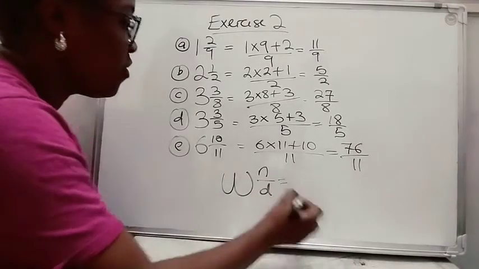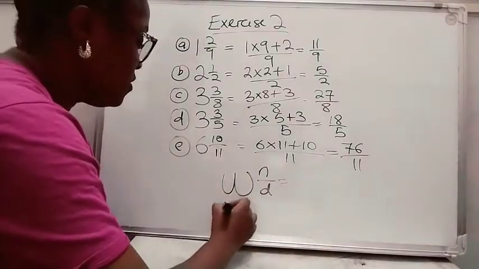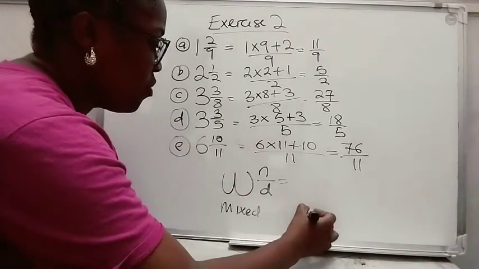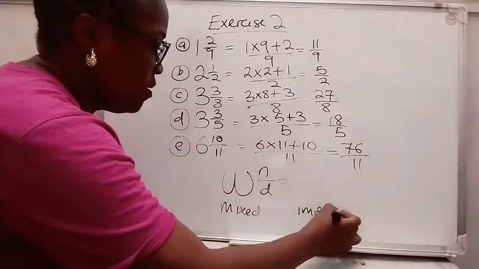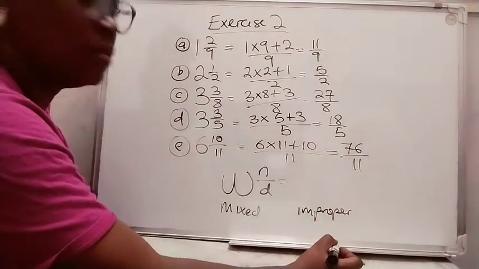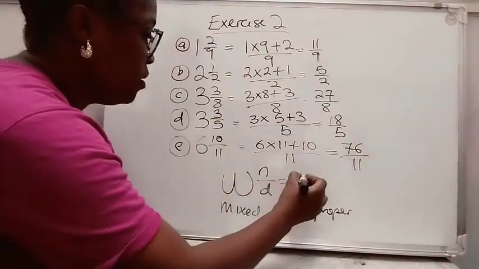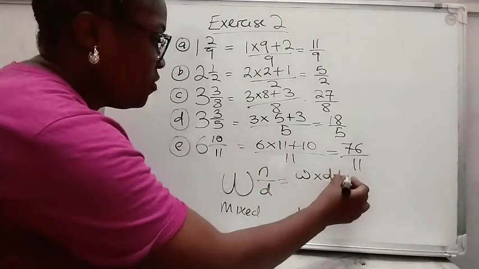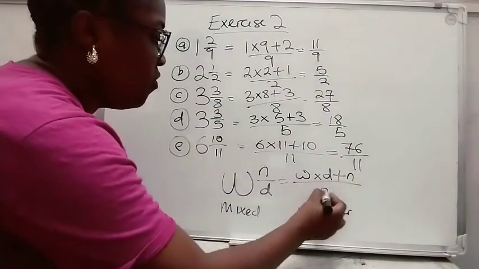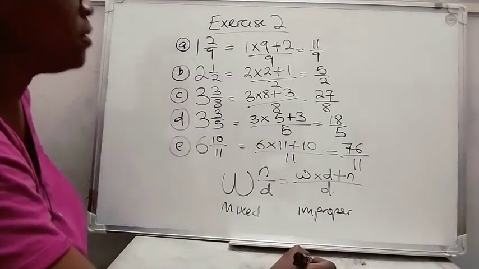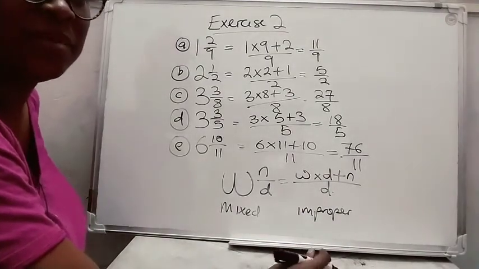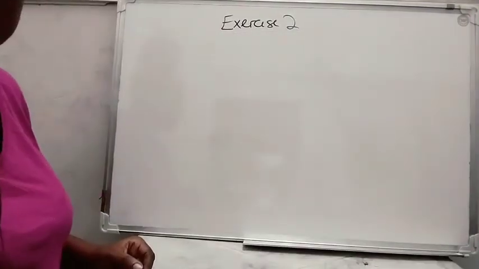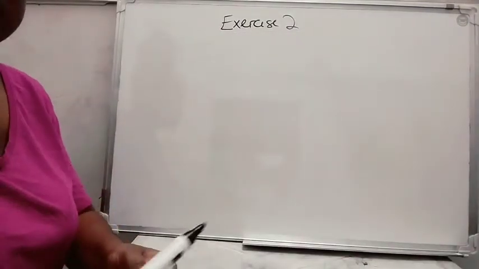So the formula for converting a mixed fraction to an improper fraction is the whole number times the denominator plus the numerator, all over the denominator. So as simple as that. Thank you.